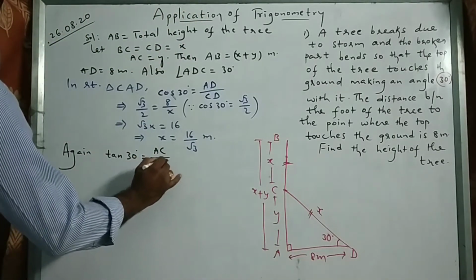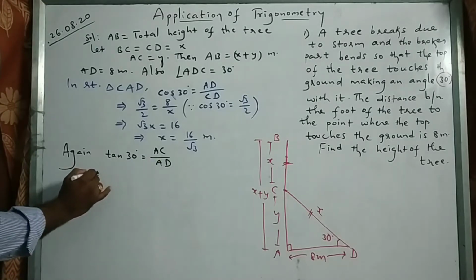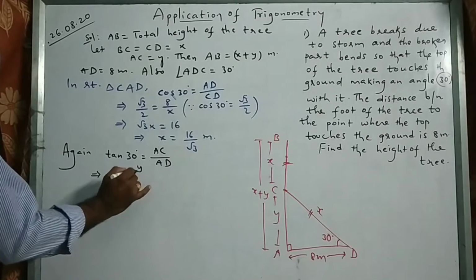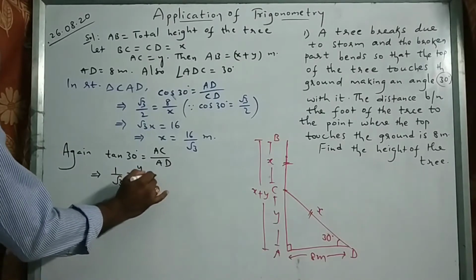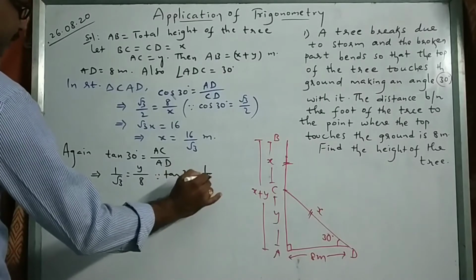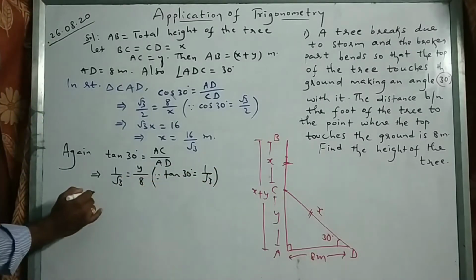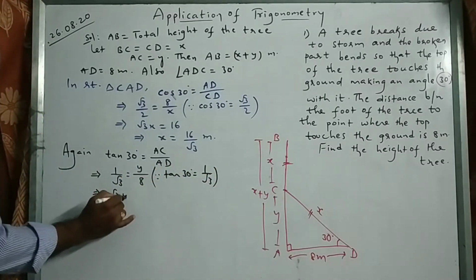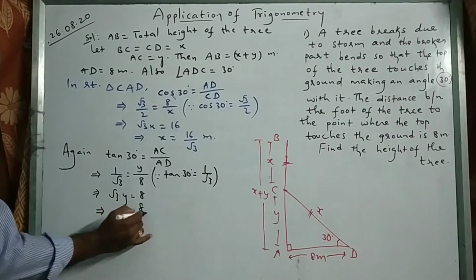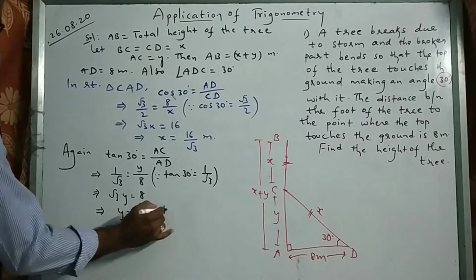Right? Tan 30 degrees value is 1 by root 3. AC value y, AD value 8. Since tan 30 is equal to 1 by root 3, root 3 y is equal to, cross multiply, 8. Then y equal to 8 by root 3 meters.